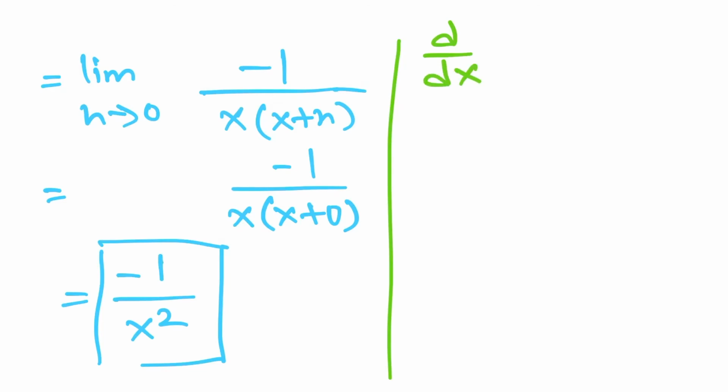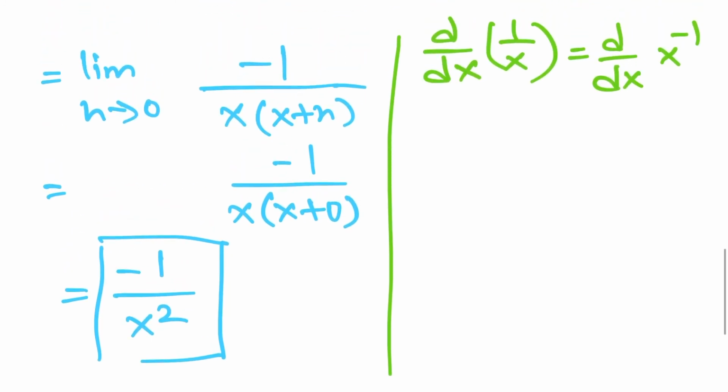So d over dx of 1 over x, right? How can we write this? We can write this as d over dx of x raised to the power negative 1. Again, x raised to the power negative 1 is equal to 1 over x, so they are the same thing. Now we can apply the power rule for derivatives.